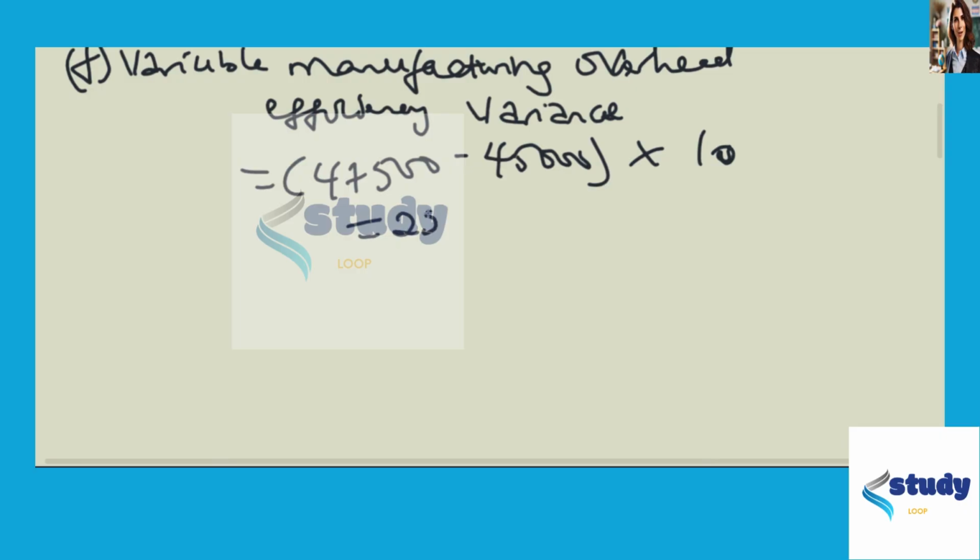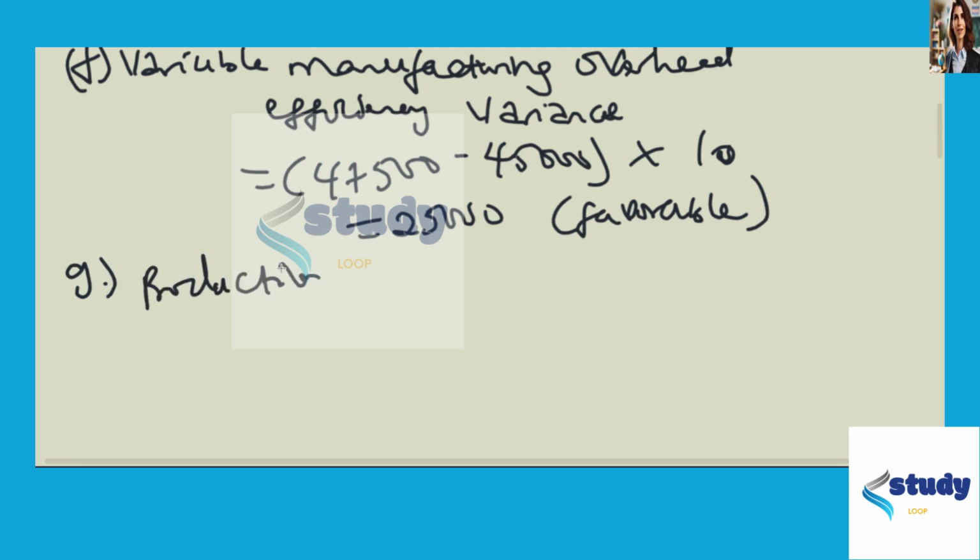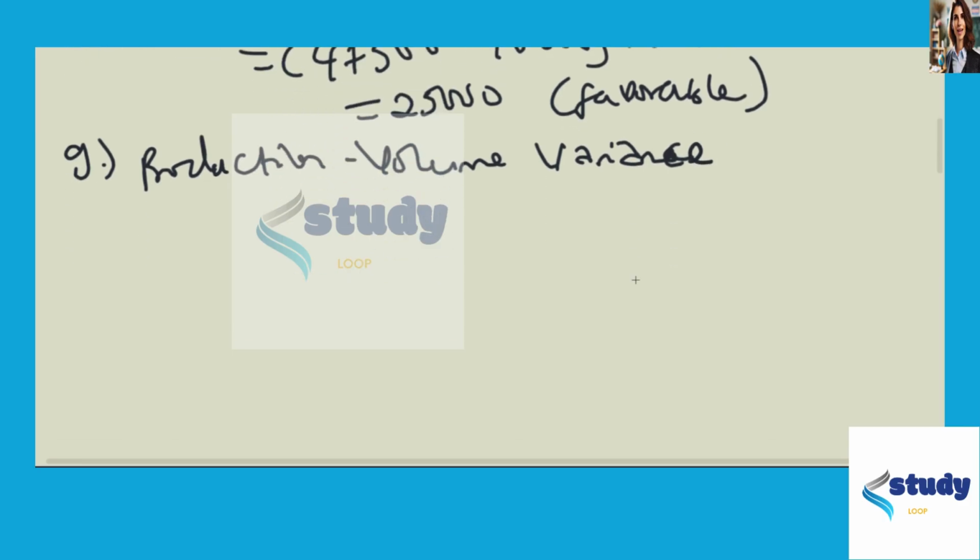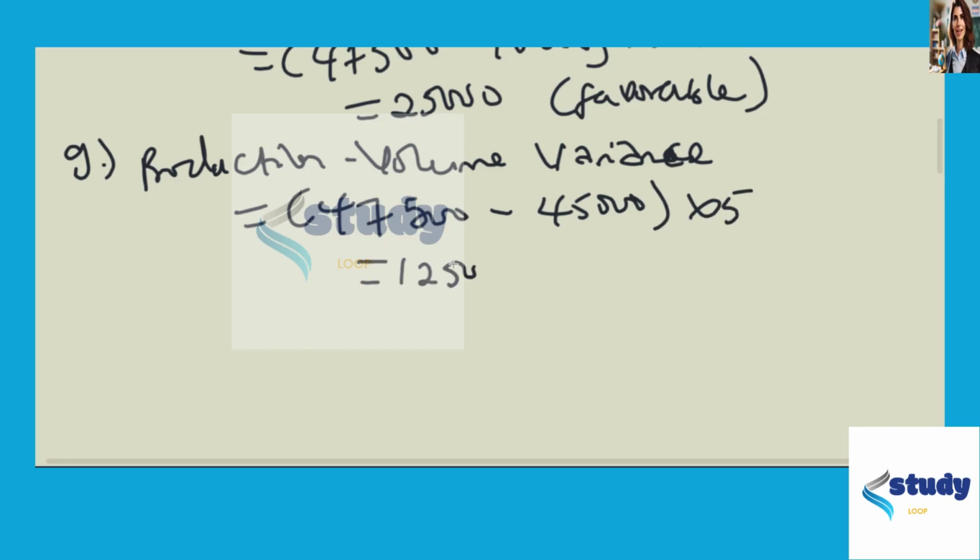So we'll have 25,000, and it is favorable. Now the next one is production volume variance. To find this one will be 47,500 minus 45,000 multiplied by 5. And this is equal to 12,500, and it is favorable.